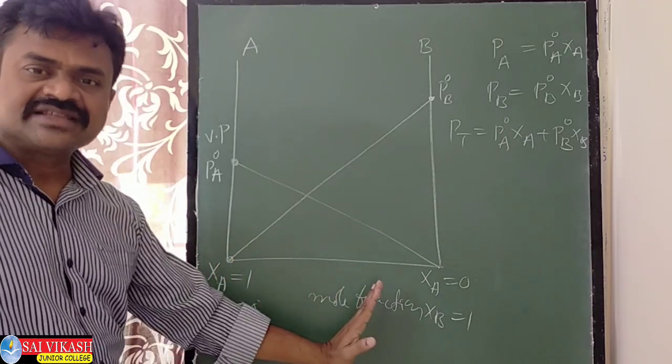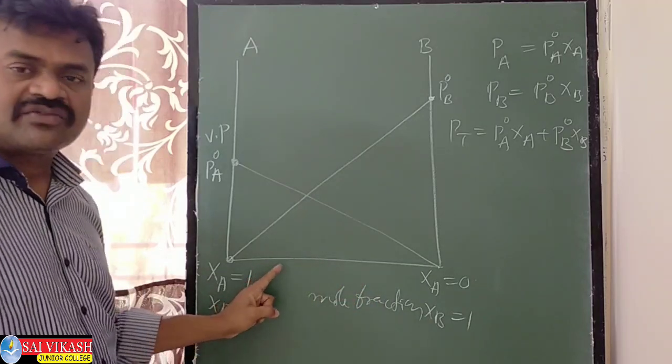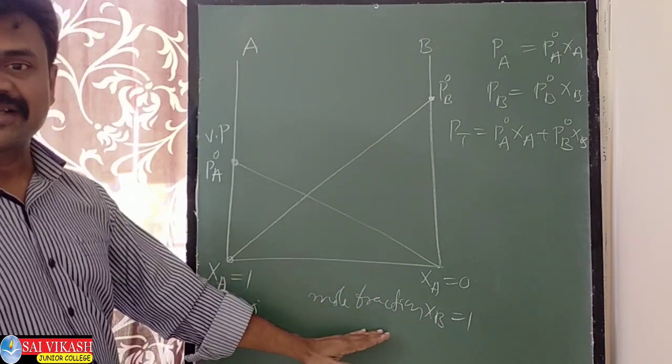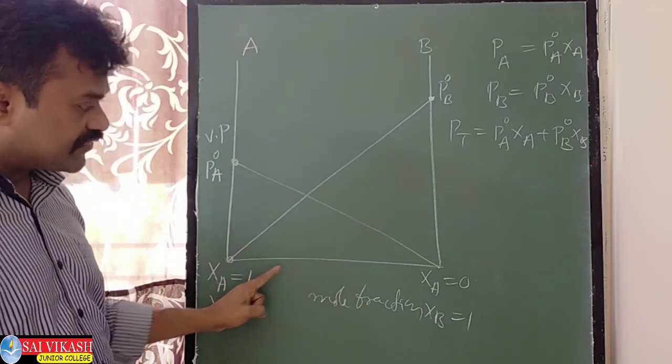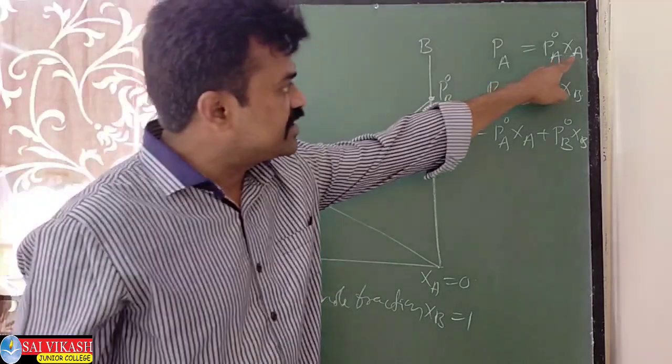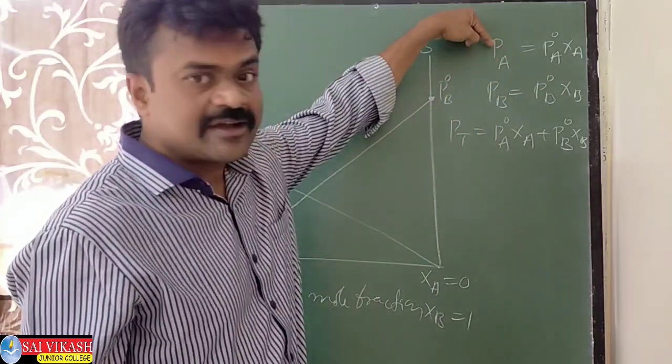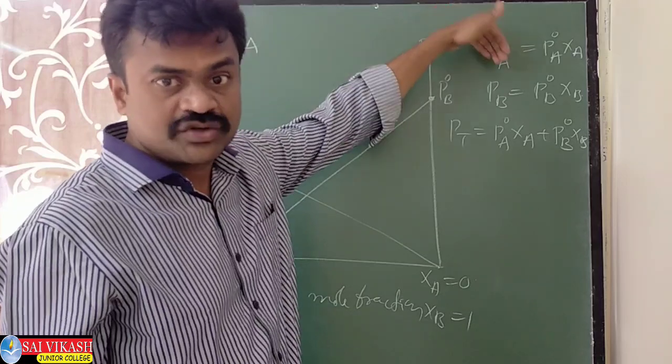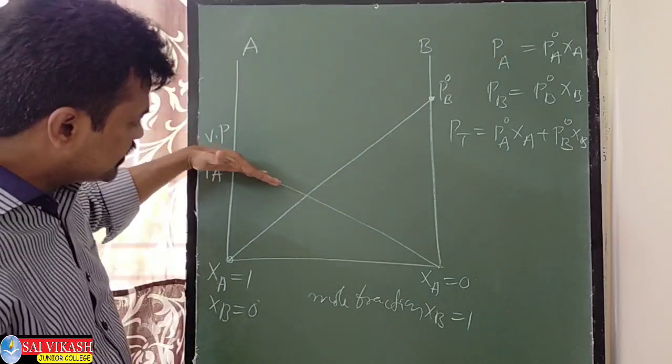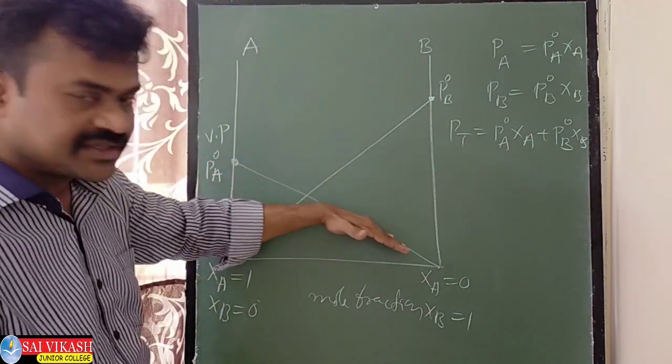As XB increases, the mole fraction of A decreases and B increases. As the mole fraction of A decreases, the partial vapor pressure PA also decreases. That's why the graph is decreasing.